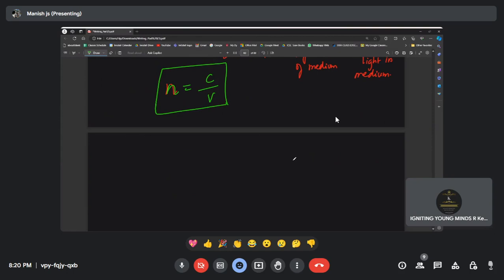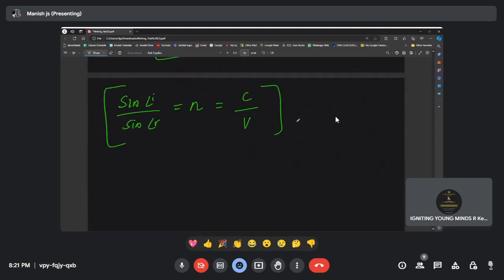We can also say sine I upon sine R from Snell's law is equal to n, which is also equal to c upon v. So these are all the relationships which combine the formulas together. This is a combined formula, which is again useful.